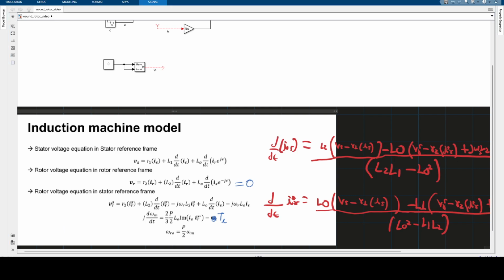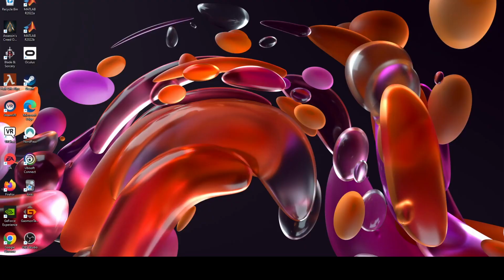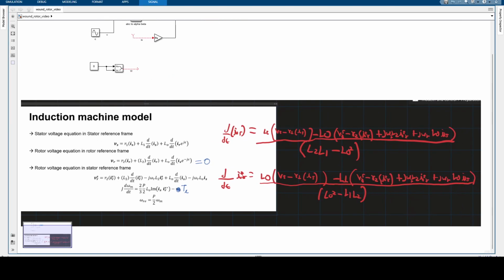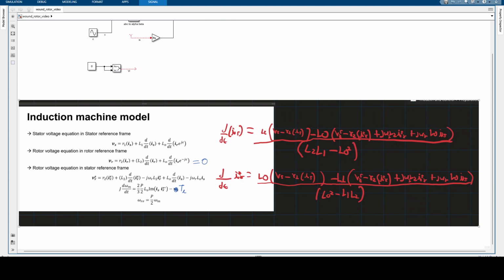Now we can do something similar for the inside of the rotor.